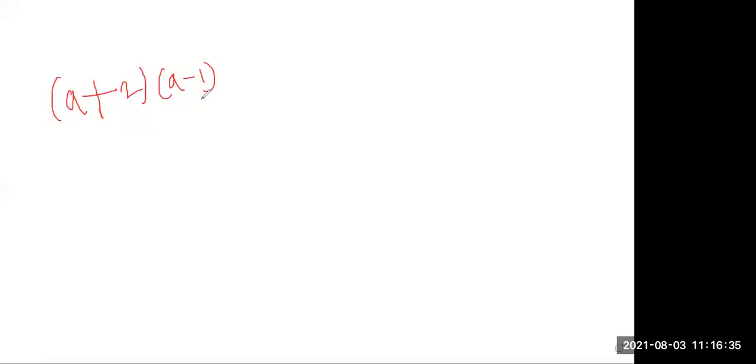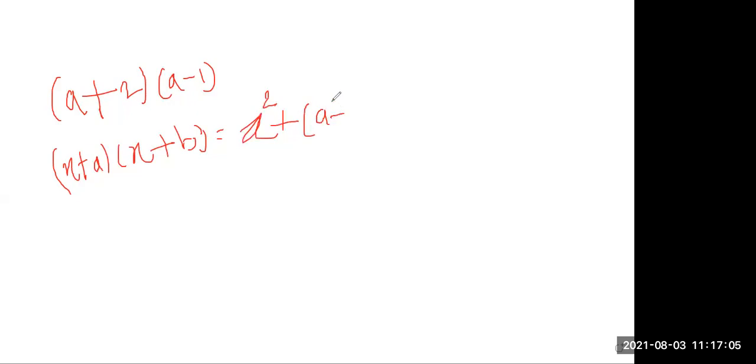Now (a+2)(a-1). Same formula. Which formula? (x+a)(x+b) is equal to x square plus (a+b) into bracket x plus a into b.